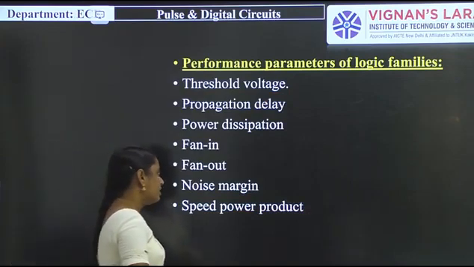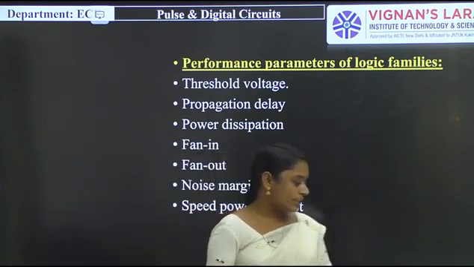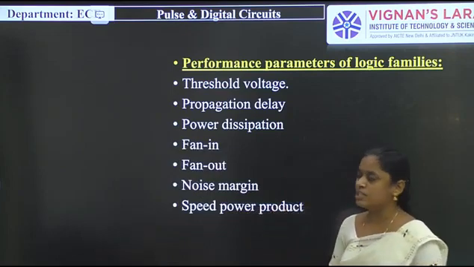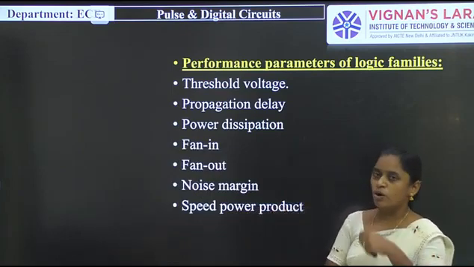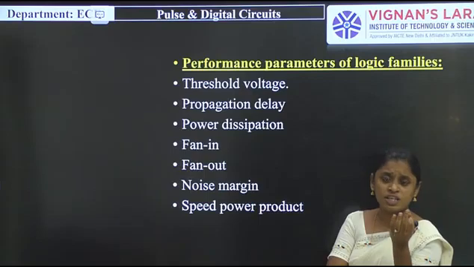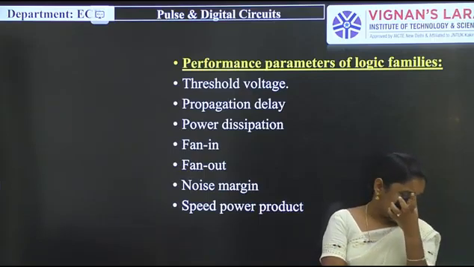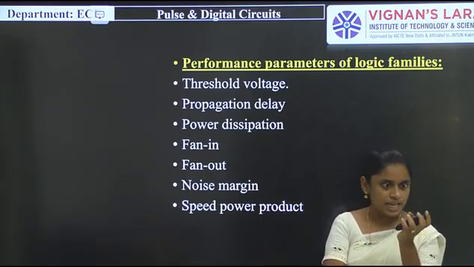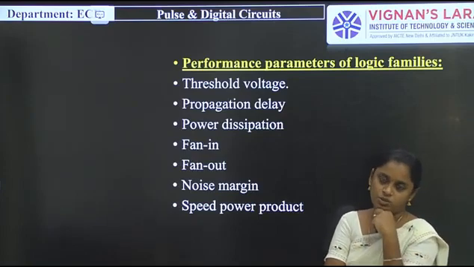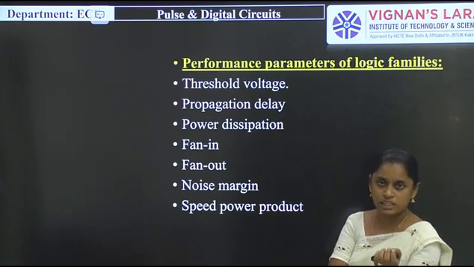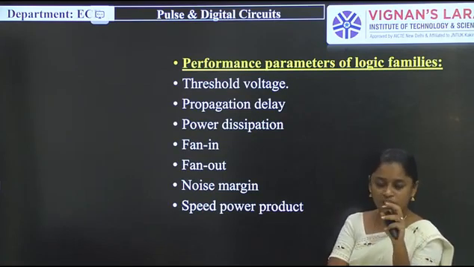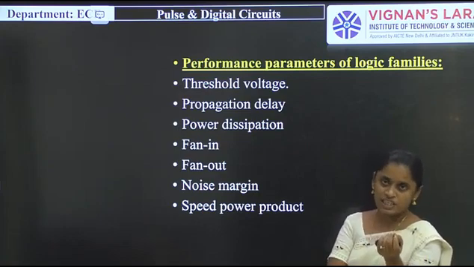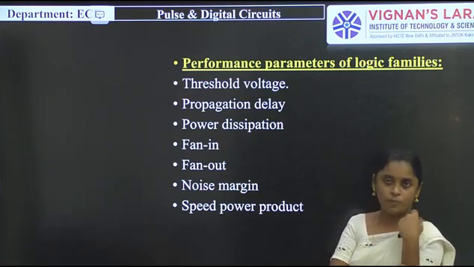And next we have to discuss the representation of logic conditions. We have to represent the logic function, so logic is designed using two representations: positive logic level or negative logic level. In our day-to-day life, positive logic level is most familiar, that's why we use positive logic.